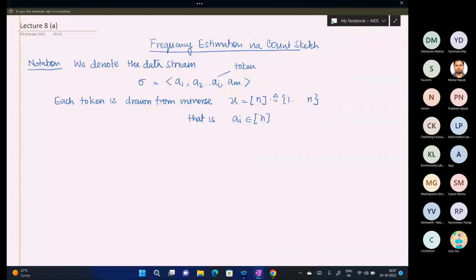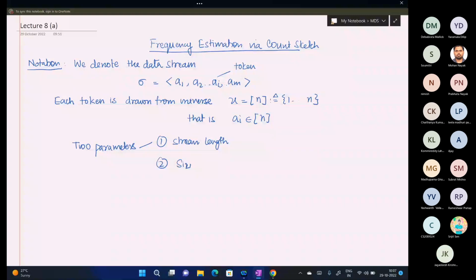So basically there are two parameters. One is the stream length and the second one is the size of the universe. So stream length is m and size of universe is n.